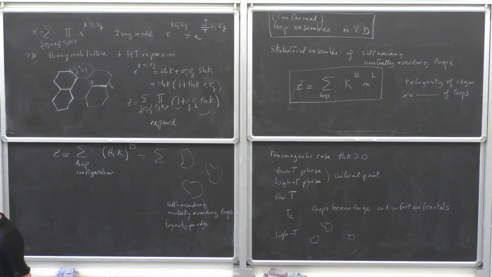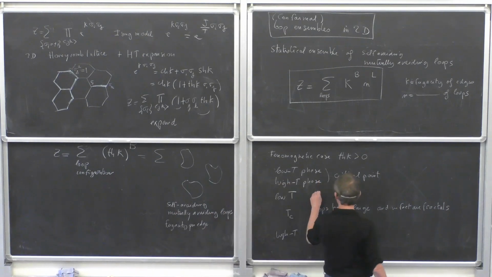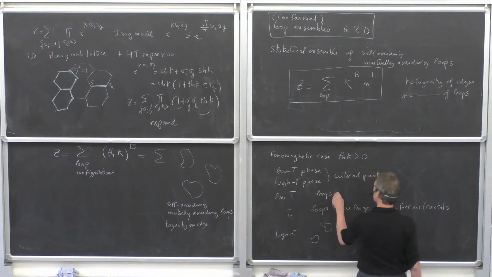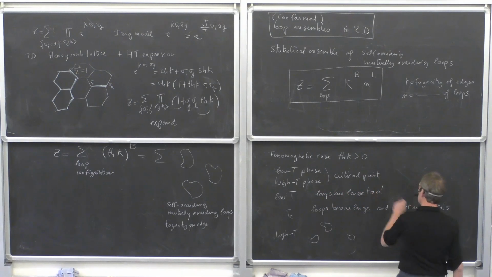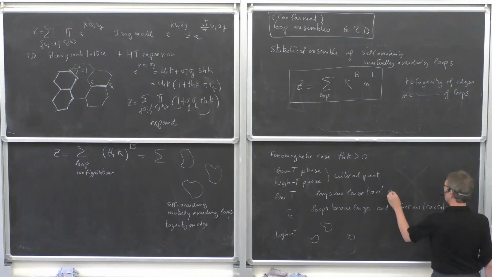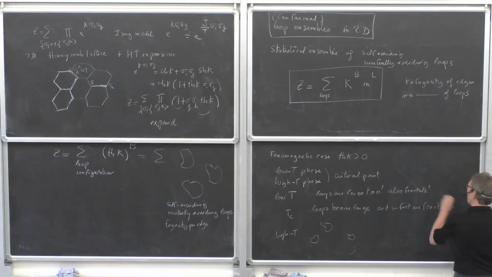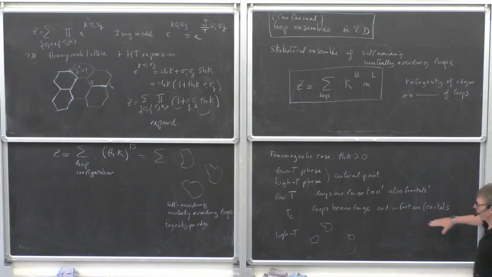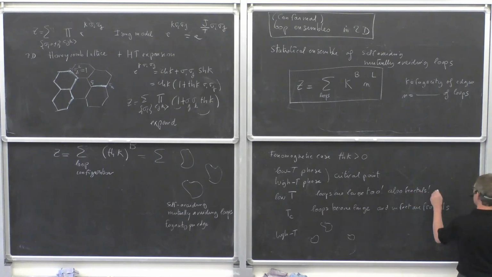Low T is a lot of loops. So the loops also are large. They're also fractals. But in contrast with the critical point, they are very packed. They are what we call dense.